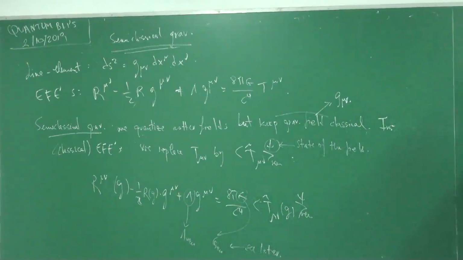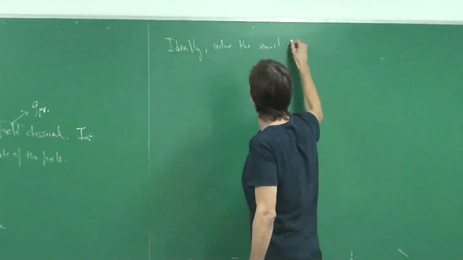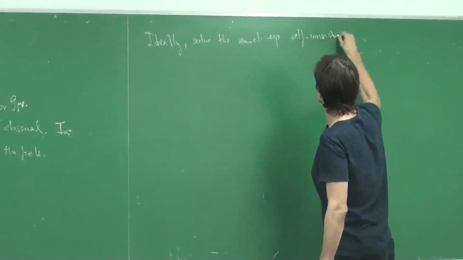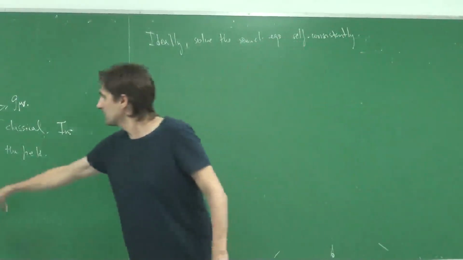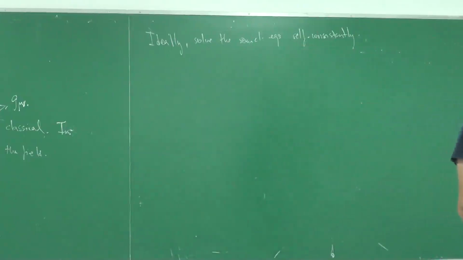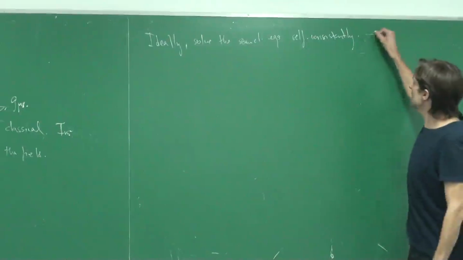So ideally, solve the semi-classical equations self-consistently. And by self-consistent, I mean exactly this. Evaluate the stress energy tensor and the Ricci tensor in the same metric, and g is exactly the solution of this. But this is very hard to do.